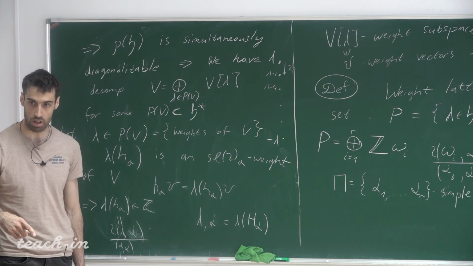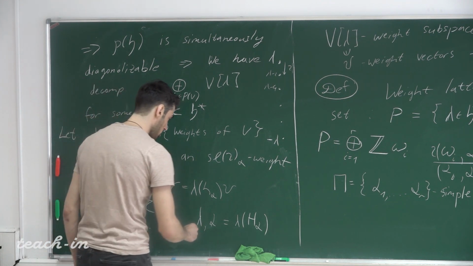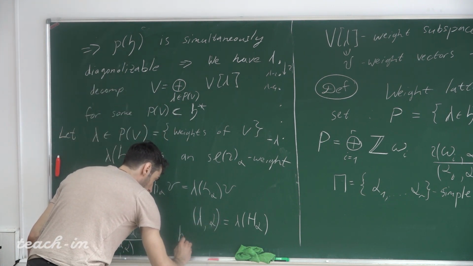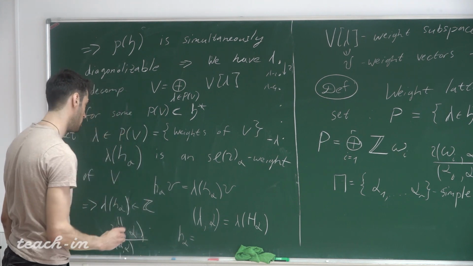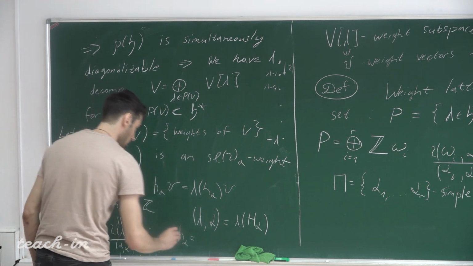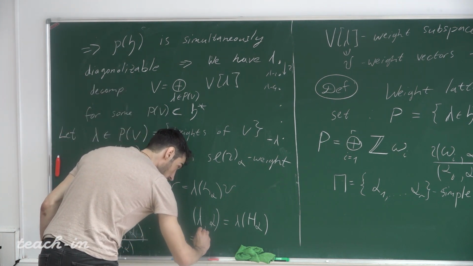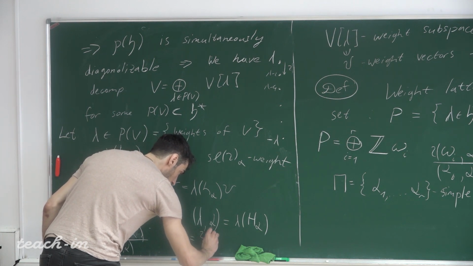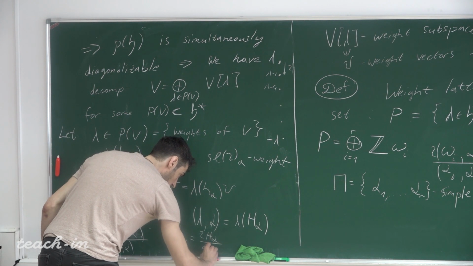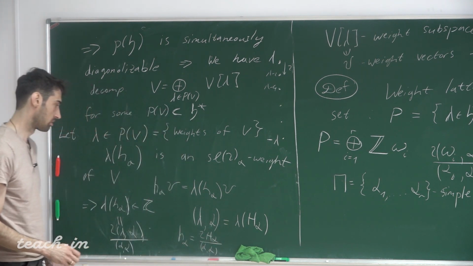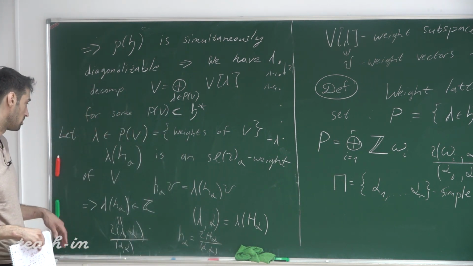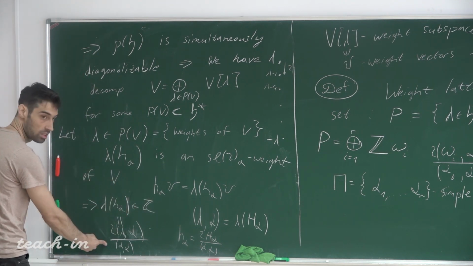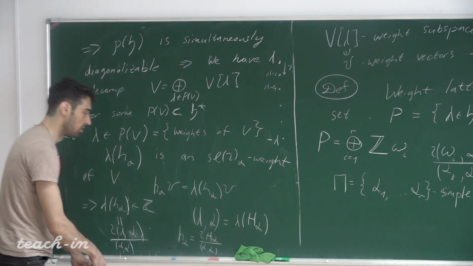And then h small alpha was, so this is just parentheses, and h small alpha was, I think, yes, 2h alpha over alpha alpha. So using all this, we get that this number is exactly this number.